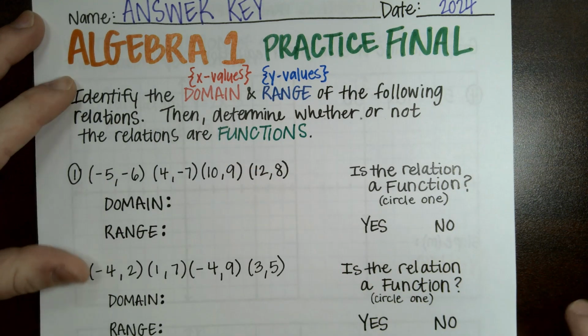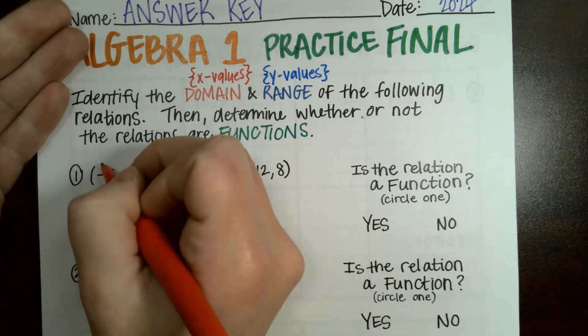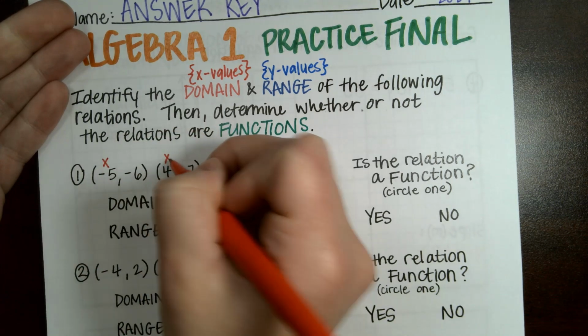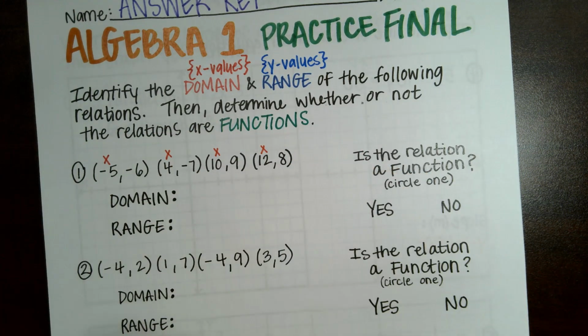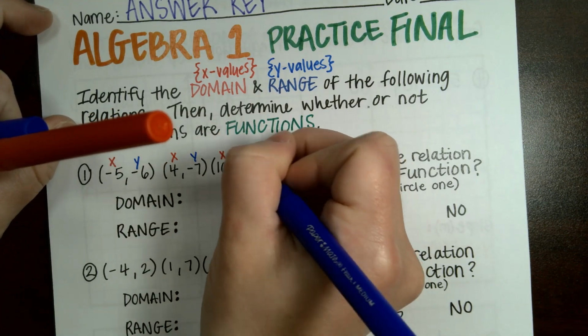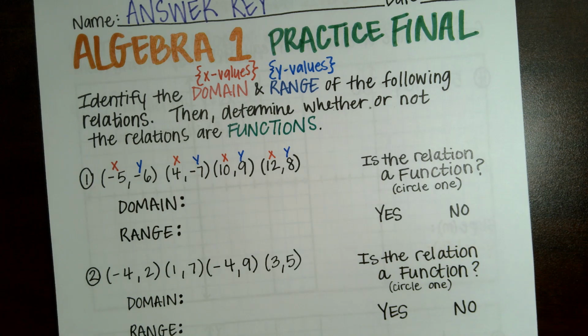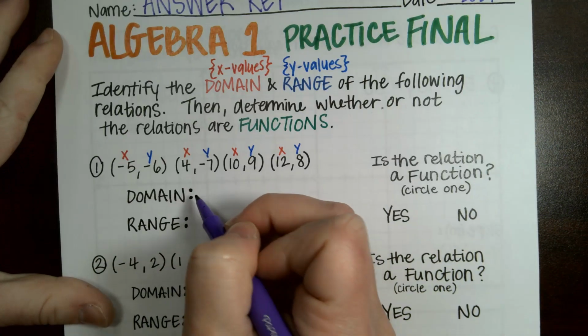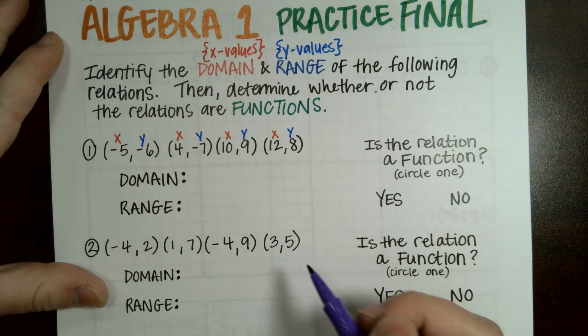So now that we know that, let's figure out our domain. Maybe we should label our x's and y's first. You guys want to do that? Let's label. So here's x in the first spot, and our y's are in the second spot of a coordinate. Okay, so now that we've got them labeled, what's the first thing we need to write for our domain? A bracket.